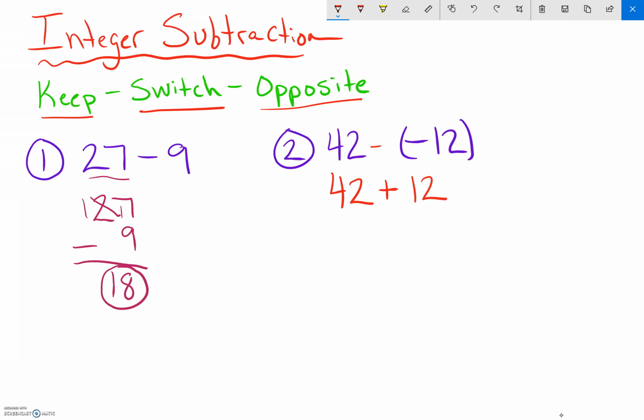And with our addition rules, we know how to solve them. So now we just do addition rules because it says 42 plus 12, and that's addition with two positive integers, so you just add them up. You get 54. So 42 minus negative 12 is 54.